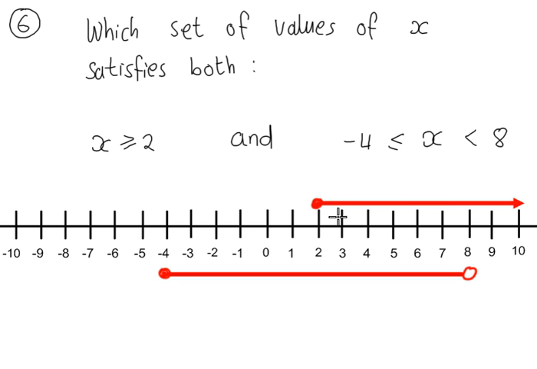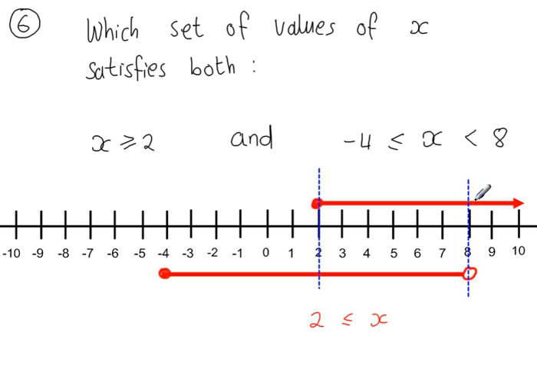So where do these two overlap? Well, as you can see, they overlap in this region. So both include the 2, so I know I can say that x is more than or equal to 2.